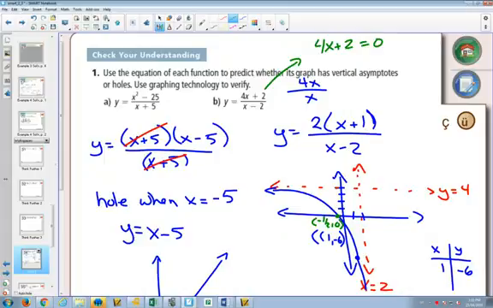I know that the question is just saying predict where it has asymptotes or holes, but we may as well practice graphing these because that's what we're going to be asked to do in the end anyways. Okay? If I try something on the other side of my vertical asymptote, like a 3, plugging 3 in, I'm going to get 14 on the top over 1. So I have 3 comma 14.